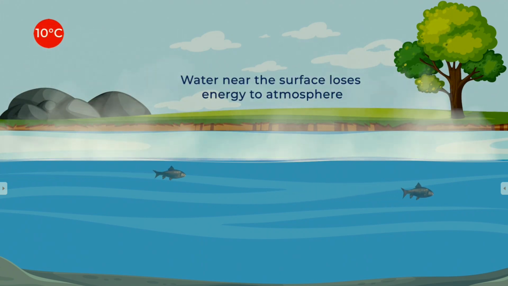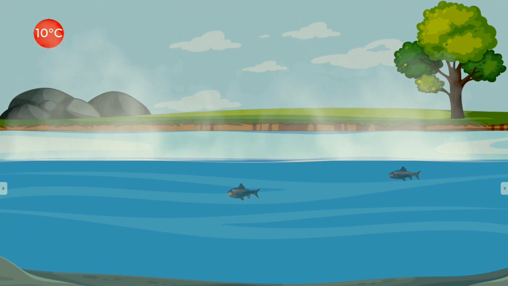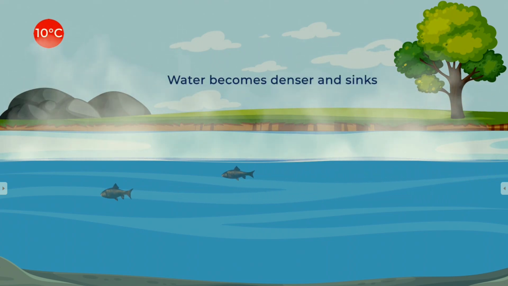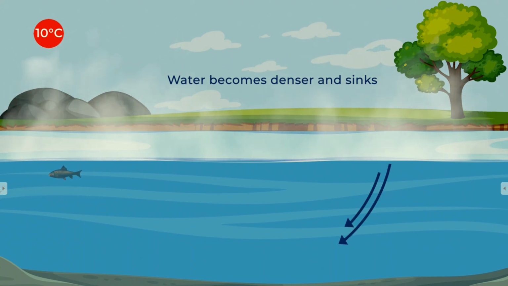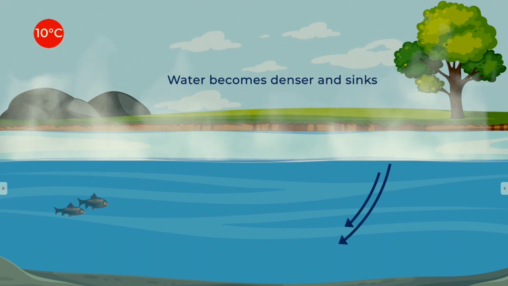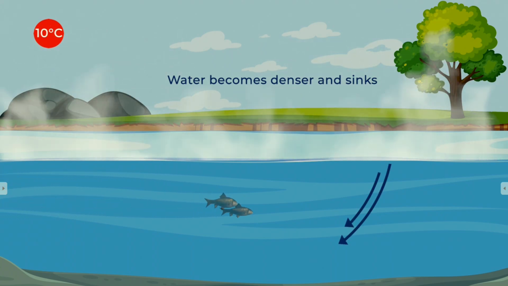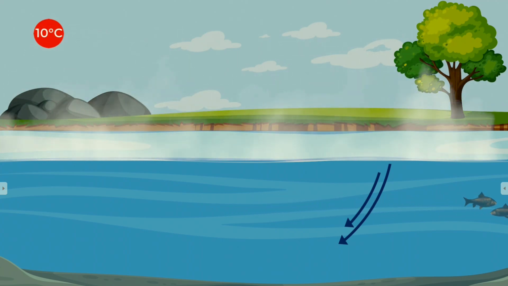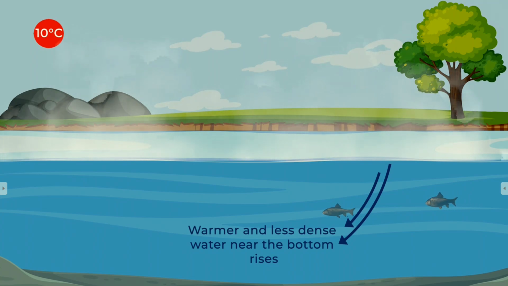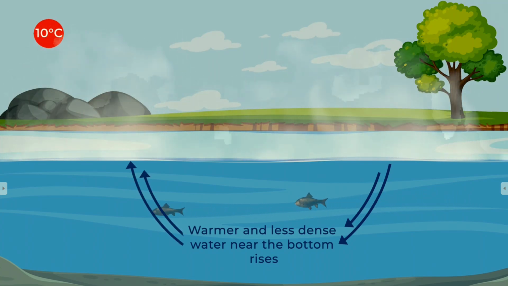When the temperature starts to reduce, what will happen? Water near the surface loses energy to the atmosphere. See, the calorimetry principle takes place. So now see the main part. If the temperature is reducing, what happens? Reducing temperature makes the density increase, isn't it?